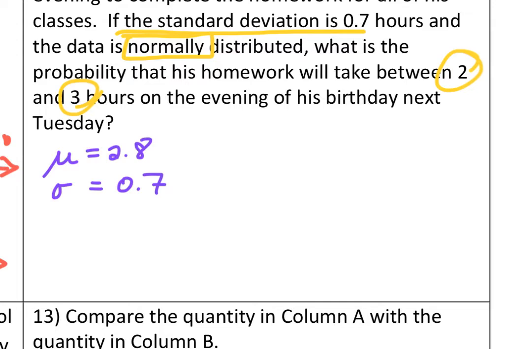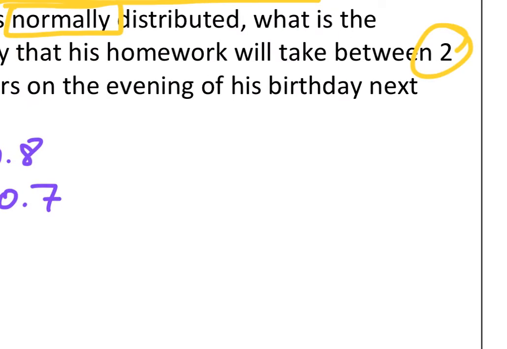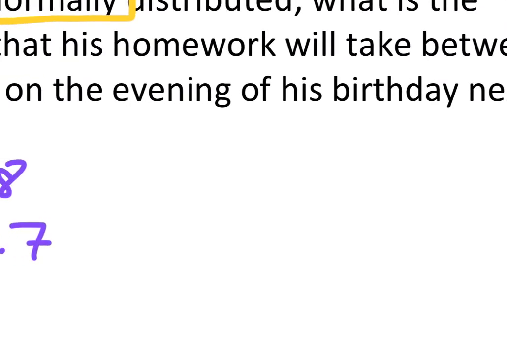And so in this case, we want to use the calculator function that will compute these probabilities for you. So remember that is, you go to your calculator and you press second and then vars. And when you do that, you're going to look for number 2, which is normal CDF.